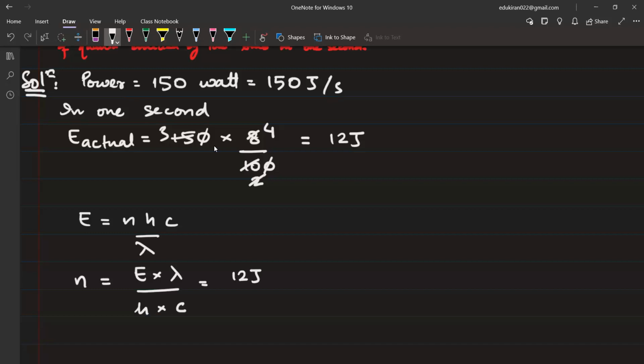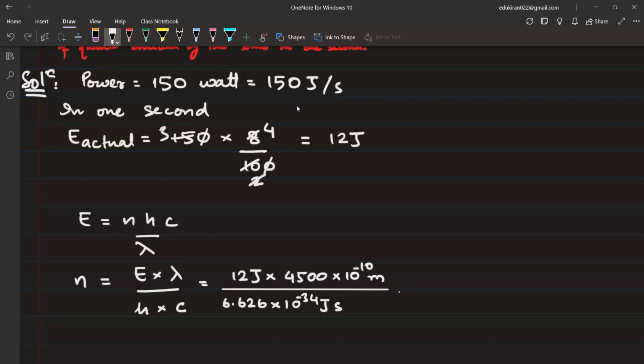We will write all the units, multiplied by the wavelength, 4500 angstrom, that means 10 to the power minus 10 meters, divided by h, which is equal to 6.626 into 10 to the power minus 34 joule second, into second, not per second, multiplied by c, which is equal to 3 into 10 to the power 8 meter per second. Is this clear? Yes or no? Please tell me. Everything till here is clear?